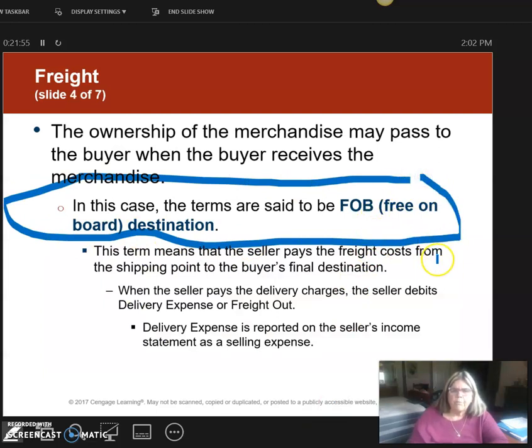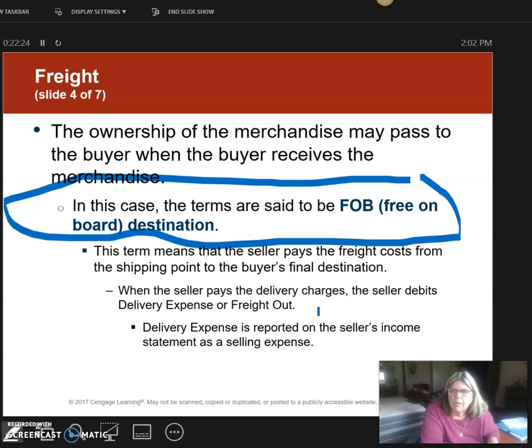The seller pays. When it's FOB destination and the seller pays, it's called a delivery expense or freight out. So basically, if I buy product from somebody and have it shipped in, and then I turn around and sell it to one of you guys, I am the seller. If it's FOB destination, the only reason I would pay freight is for customer convenience.